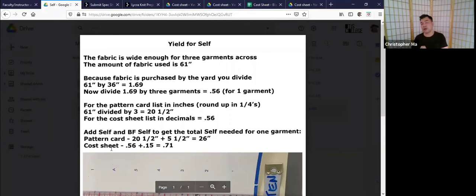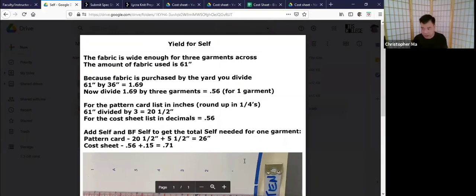So for the cost sheet the self is 0.56, and the block fuse is 0.15, from previously. Meaning for yourself, the fabric you need for the garment, either cut by itself or in block fusing, is 0.71.